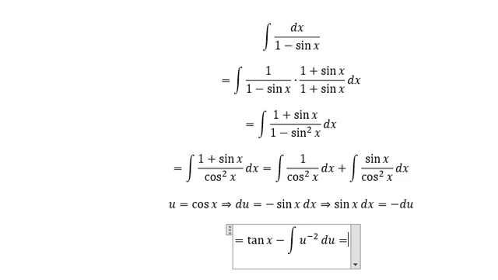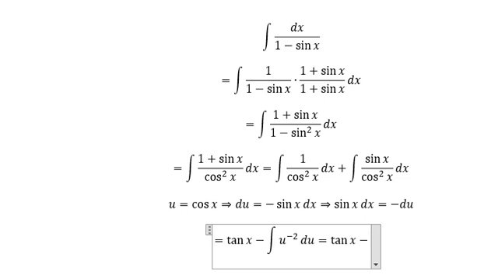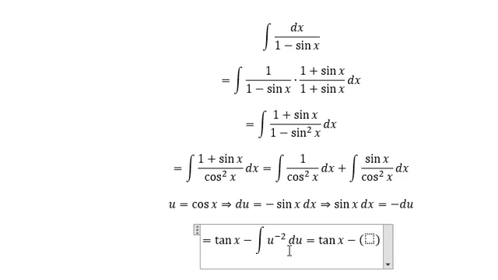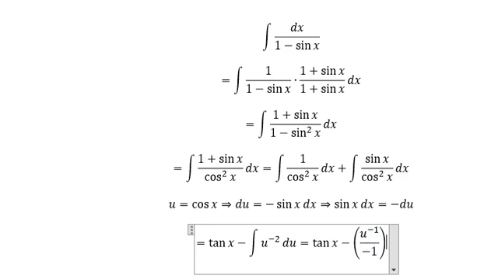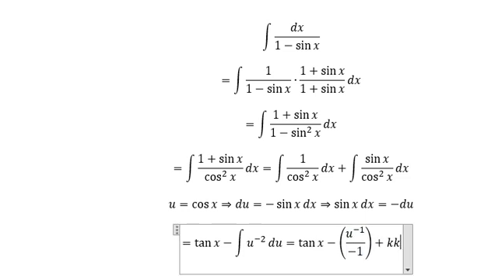Now it is easier for us to integrate, so we are going to have tan x minus, and if I integrate u to the negative 2, I'm going to have u to the power negative 2 plus 1, which is negative 1, divided by negative 1. Then we need to add the constant of integration.